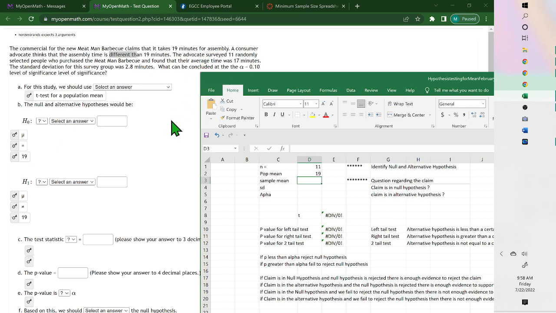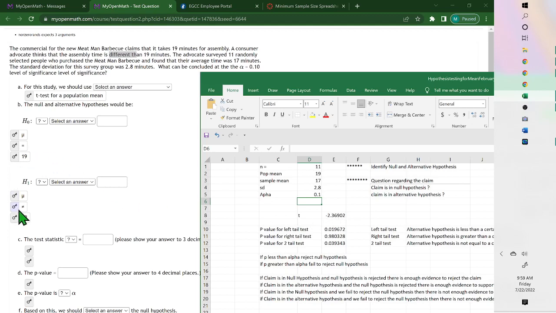Mean and average are the same thing. Standard deviation, 2.8. And alpha, 0.1. So our test statistic is a negative 2.36902.